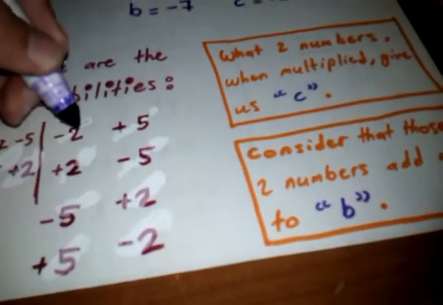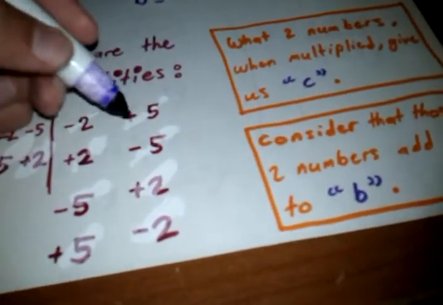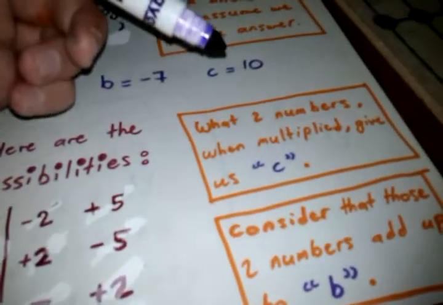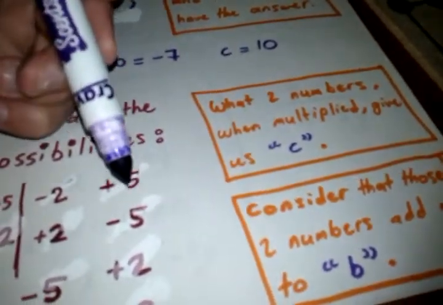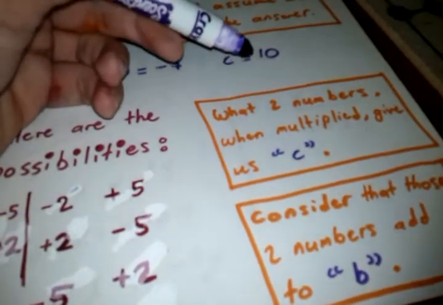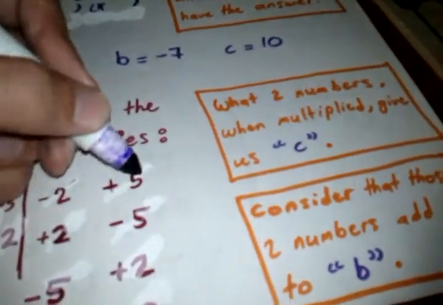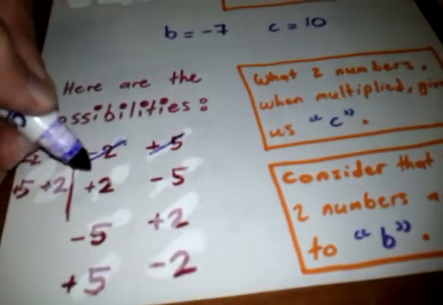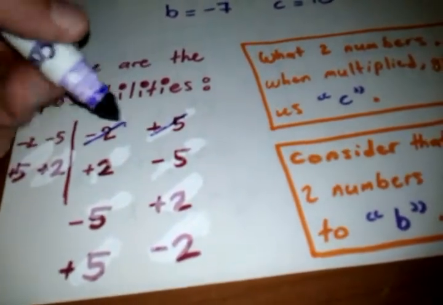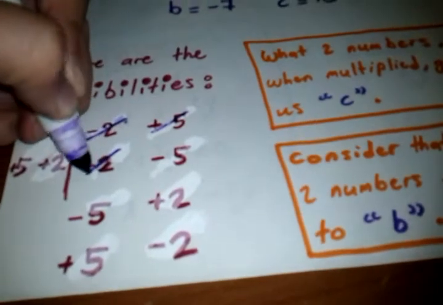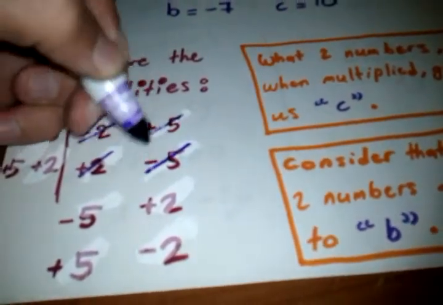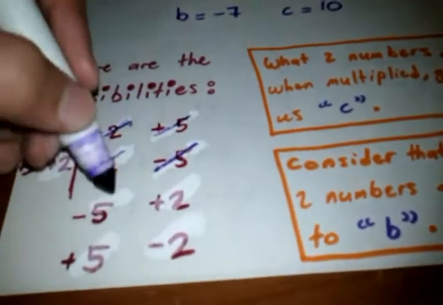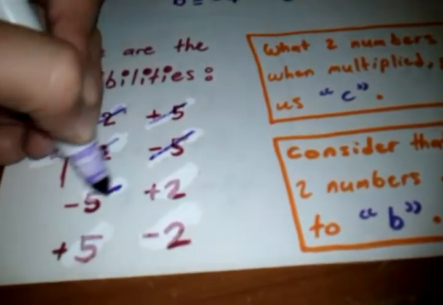So negative 2 times 5: that's wrong. Why? Because when we multiplied them, it gave us negative 10, and c is 10. So automatically, that's wrong. Plus 2 and negative 5 is the same thing, but we changed the signs for both. Here it's the same thing, but we changed the position of each, so wrong.